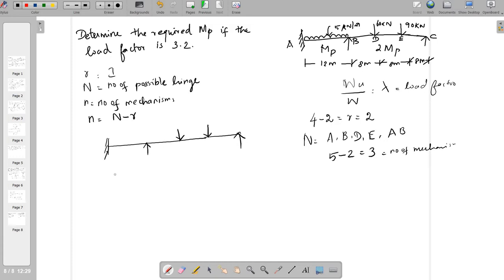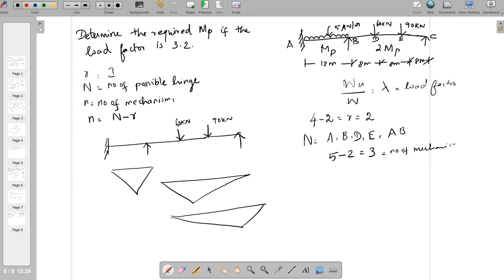So the first mechanism is under this span. The second mechanism is under the 60 kN load of span BC. The third mechanism is under the 90 kN load of span BC. So these are all the 3 different mechanisms.